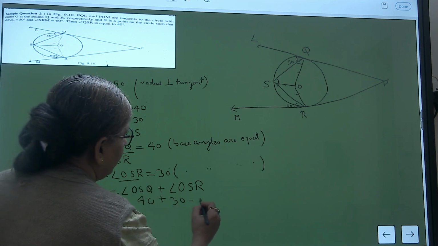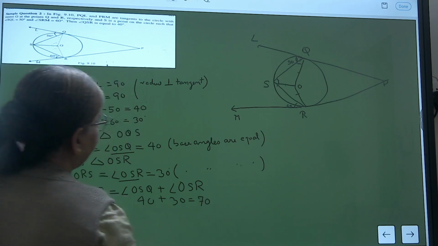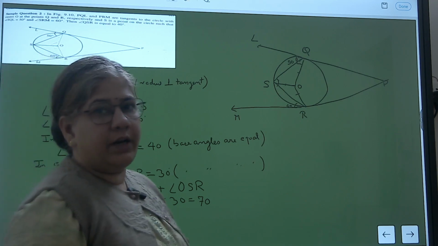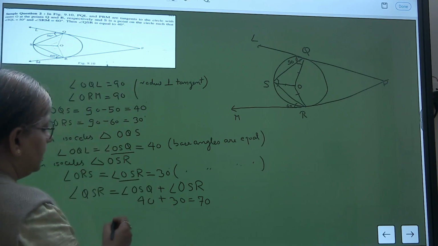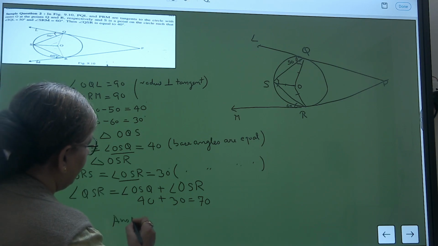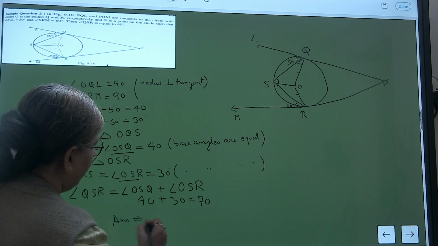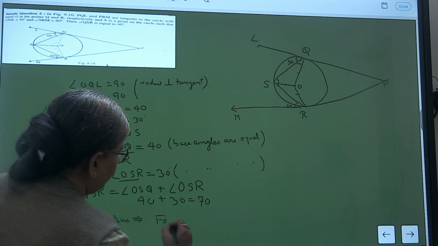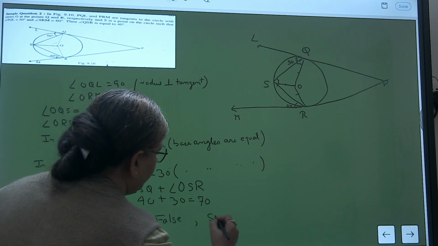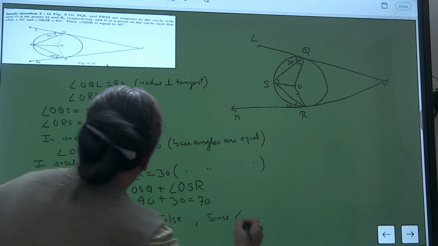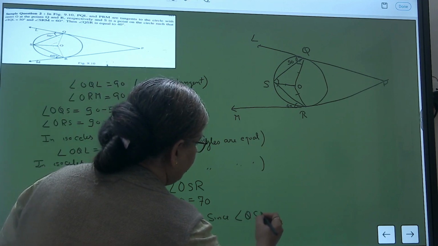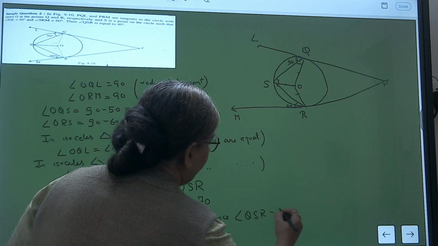So the sum is 70 degrees. So here it is asked QSR is equal to 40 degrees. So this statement is false. So your answer will be, the statement is false, since angle QSR is equal to 70 degrees.